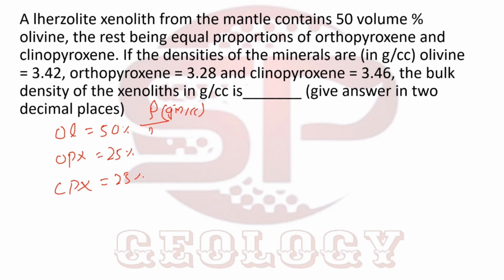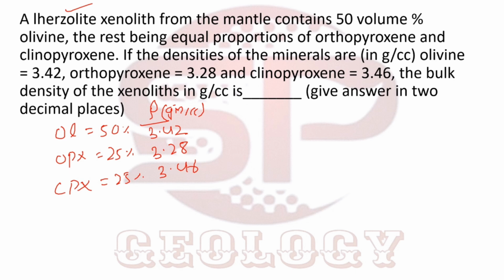For olivine it is 3.42, orthopyroxene 3.28, clinopyroxene 3.46. So we have to calculate the bulk density of the lherzolite. Lherzolite contains olivine, OPX, CPX, and they all contribute their density.